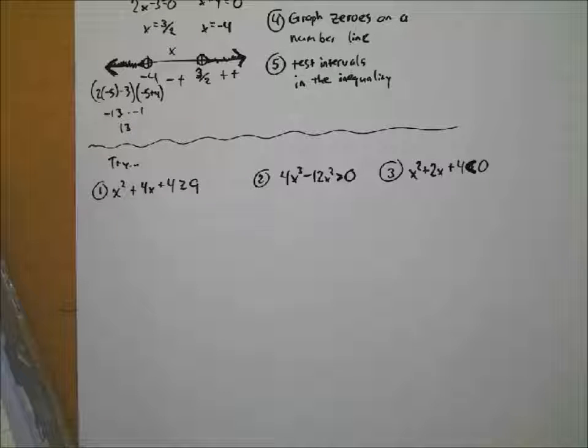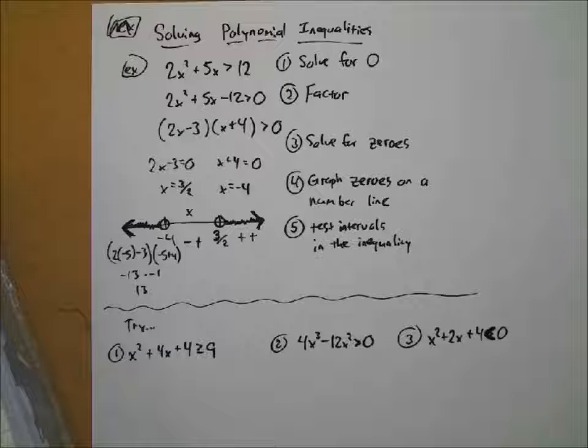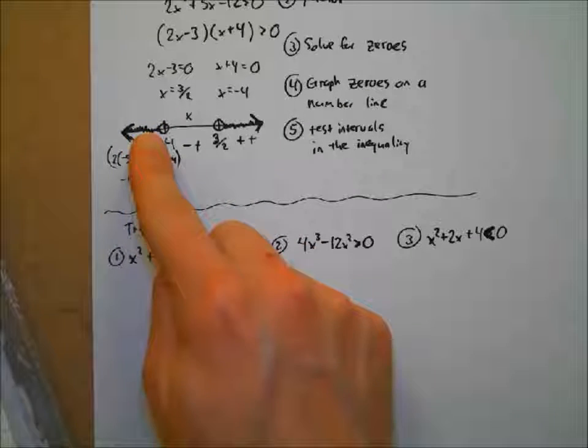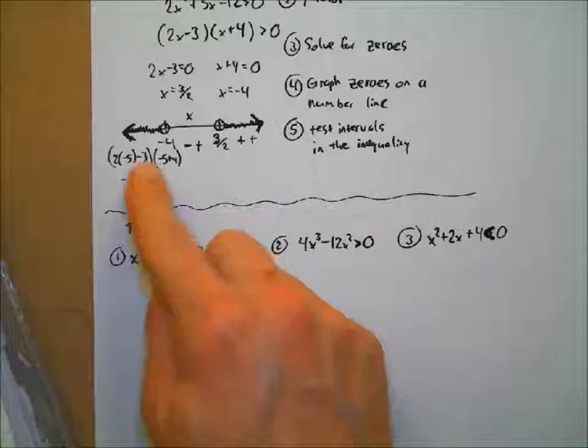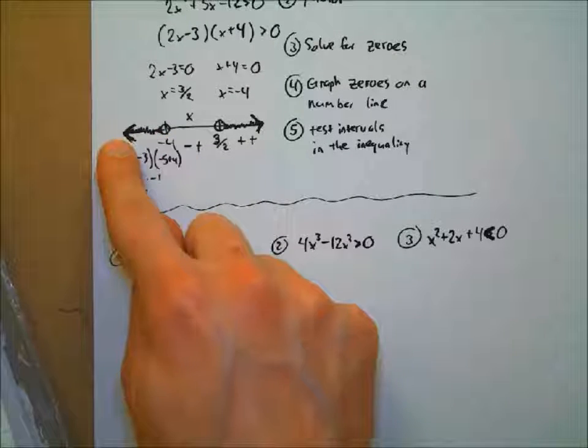Oh, question, Ryan. Yes, Ramika. I have a question about the previous one. How do you know the direction of the lines? So you're okay with the fact that when we checked a number, we checked -5 in this interval, the interval that was from -4 onward this way.